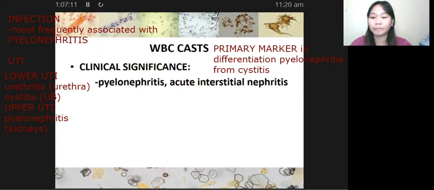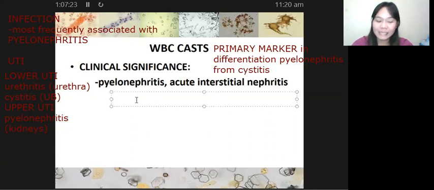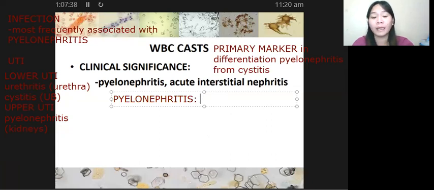Therefore, kung titignan po natin yung ating correlation, pag pyelonephritis ang pinag-uusapan natin, anong mga sediments ang pwede mong makita?